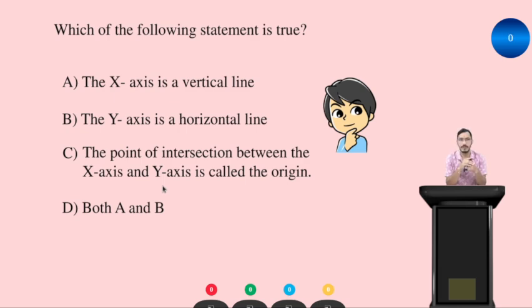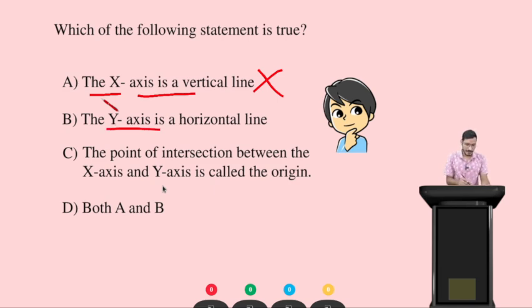Time's up, students. The right answer: the x-axis is a vertical line is wrong. The x-axis is a horizontal line and the y-axis is a vertical line. Remember always, the x-axis is horizontal and the y-axis is vertical.